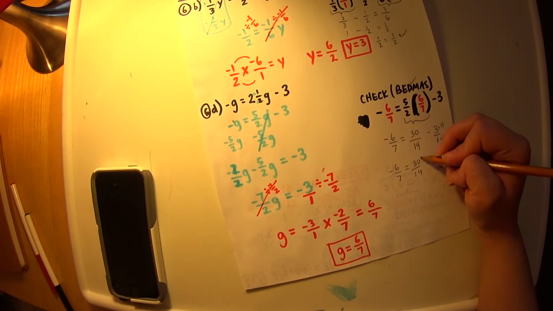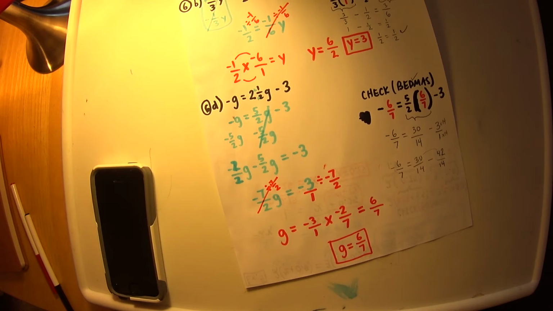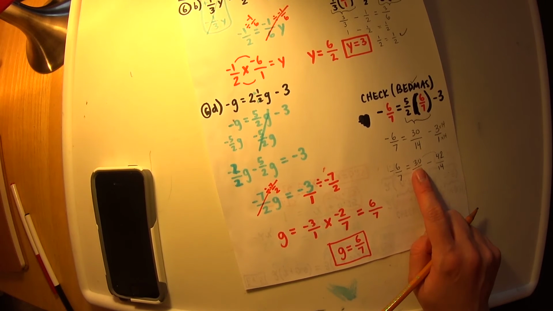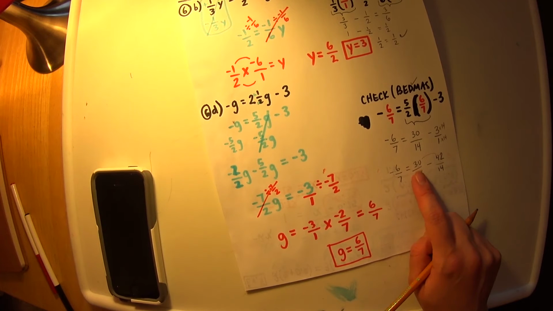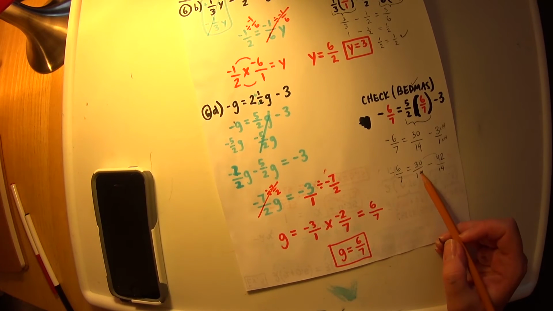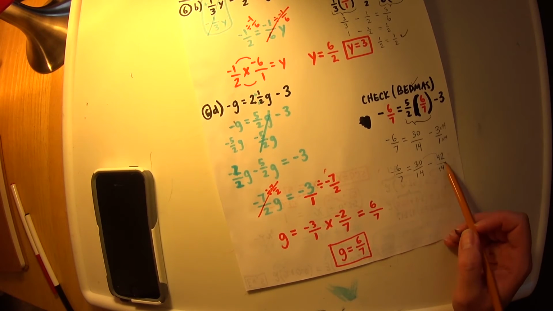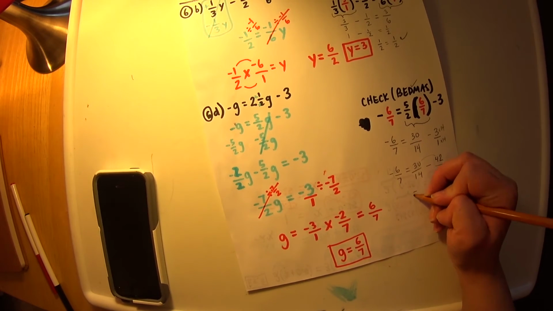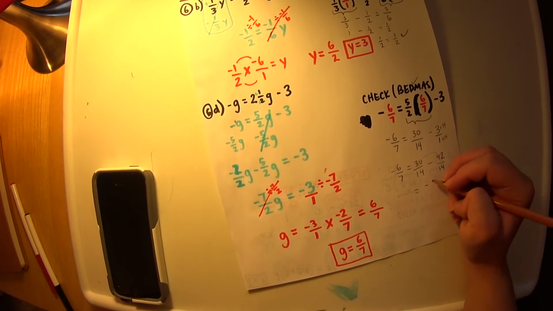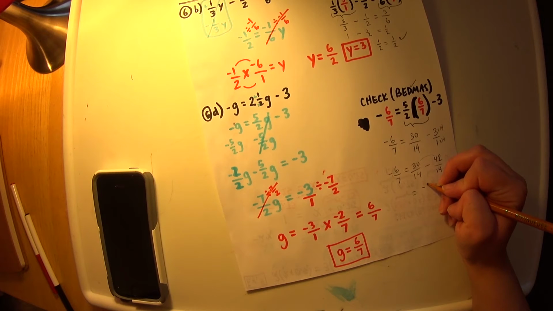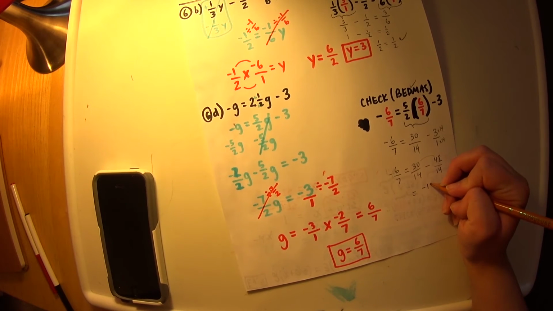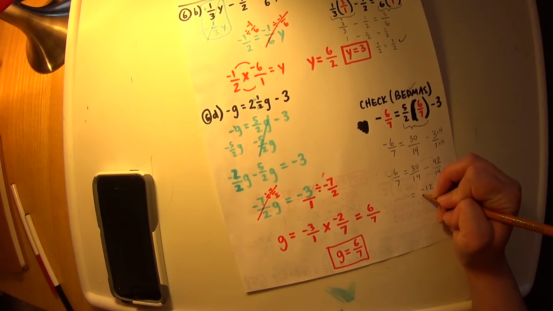Okay, so now we can actually go ahead and subtract these numerators. Positive minus a bigger negative, we can do keep, change, change. So we have 30 plus negative 42. So definitely we end up with a negative number there. And 42 is bigger than 30 by 12.